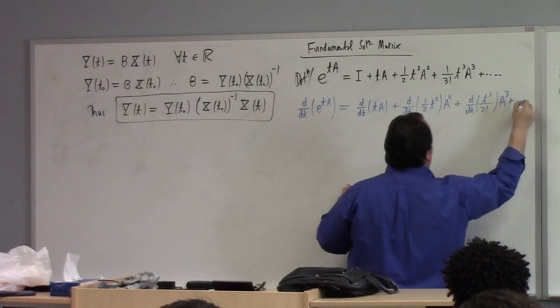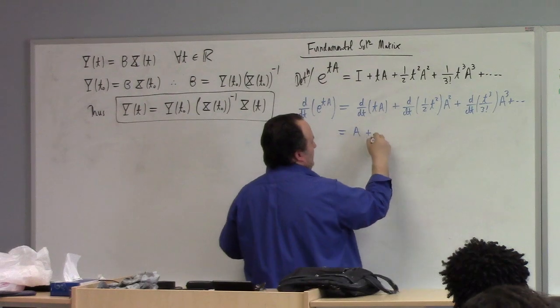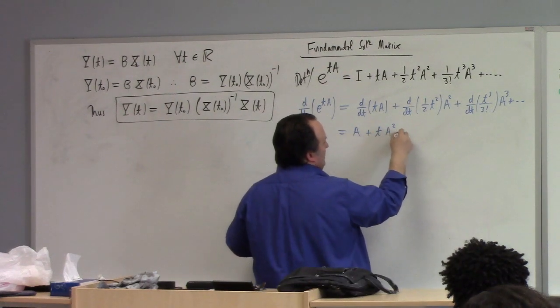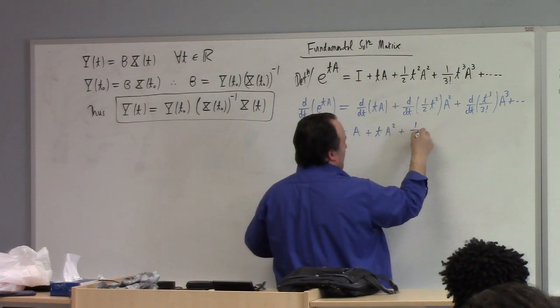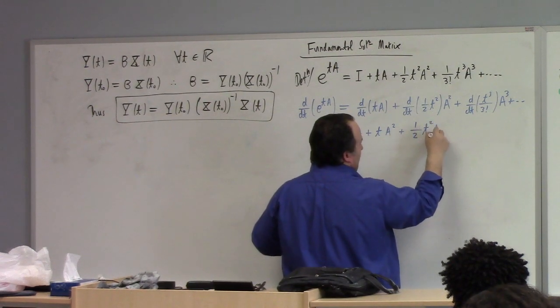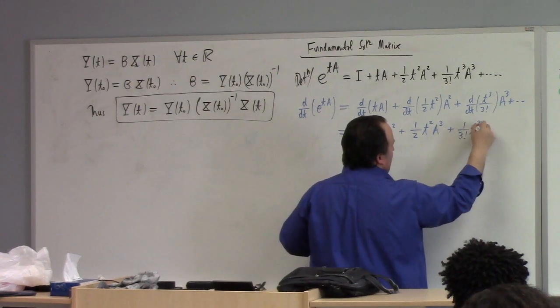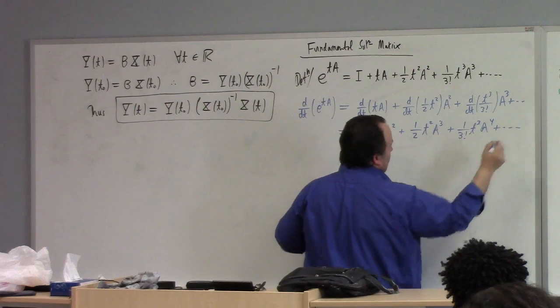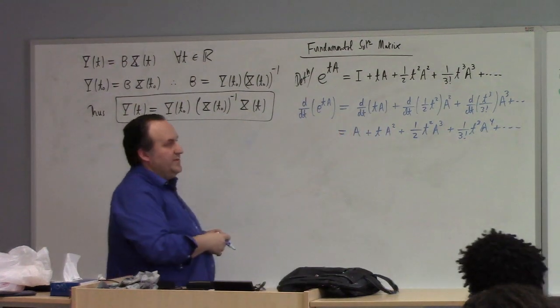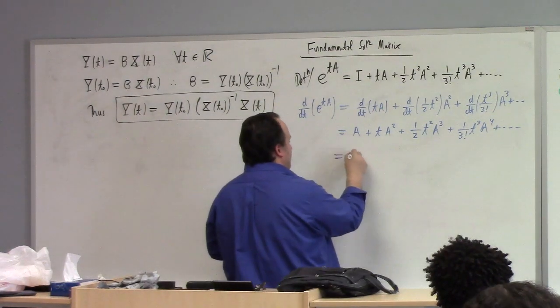So what you got? You got an A, looks like a t times A squared. That simplifies to 1 over 2 t squared times A cubed. If we kept the next term, we would have 1 over 3 factorial t cubed times A to the 4th, and so forth. What are we looking at here? This is A times what?